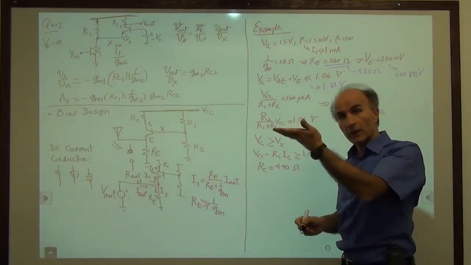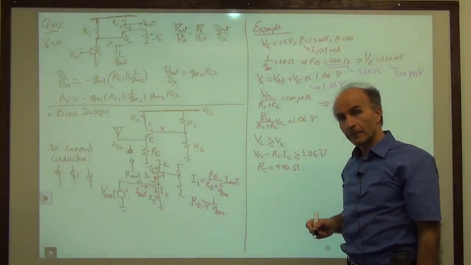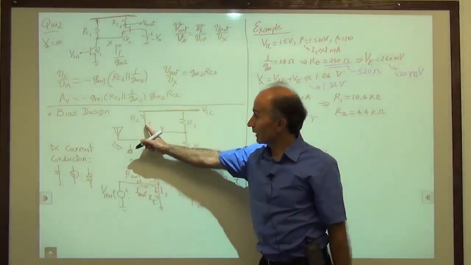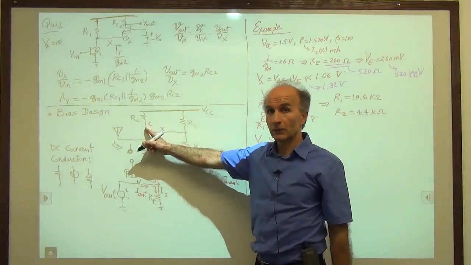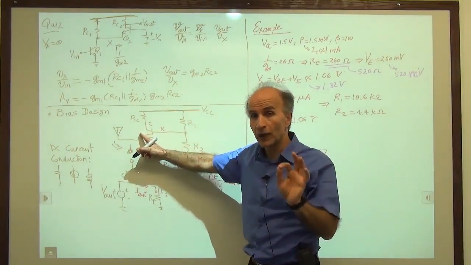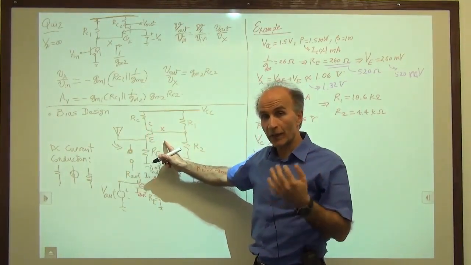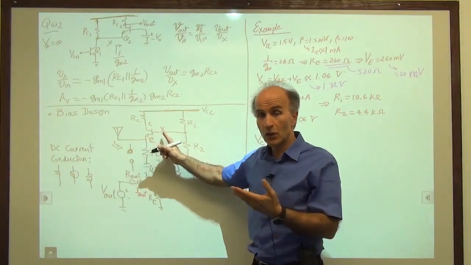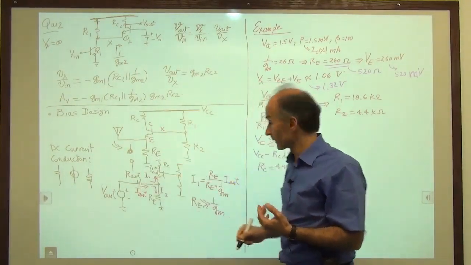So Vx would have to be higher. If Vx is higher, what happens to the collector voltage here? The collector voltage cannot be allowed to be less than Vx. So we have to choose the collector voltage also to be no less than Vx.